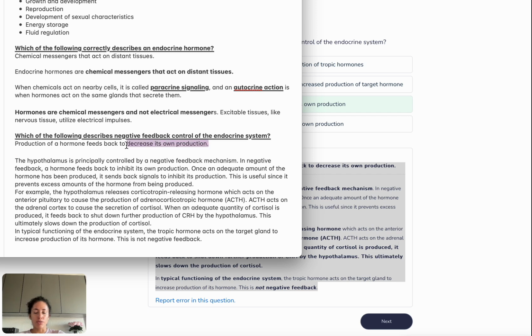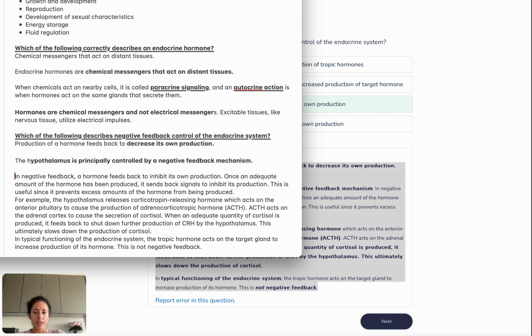Negative feedback control decreases the production of the hormone. The hypothalamus is primarily controlled by negative feedback mechanism. That's good to know. In negative feedback, a hormone feeds back to inhibit its own production.